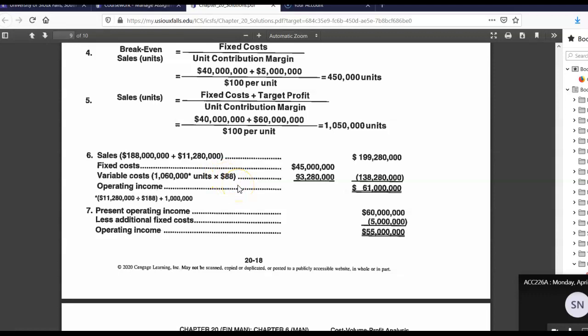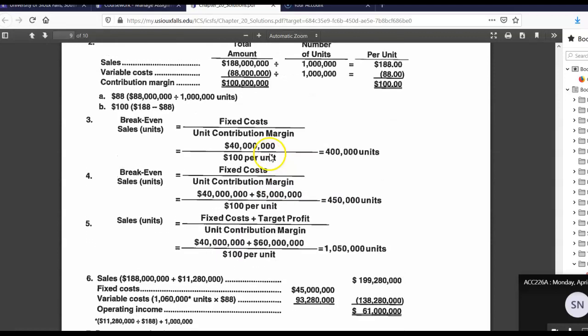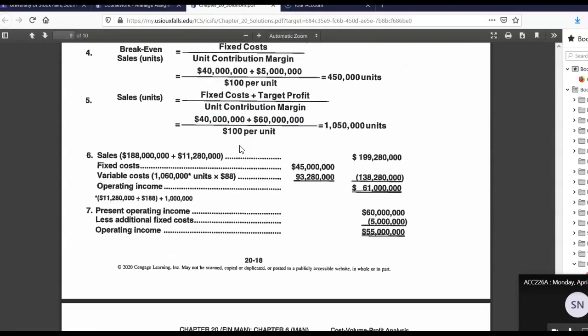Management's considering that plant expansion that will increase sales by 11,280,000. So now we got 199,280. We just said that the fixed cost, again, remember, was 40 million. But according to that paragraph, by doing the expansion, it's 40 plus the 5, right? 40 plus the 5.